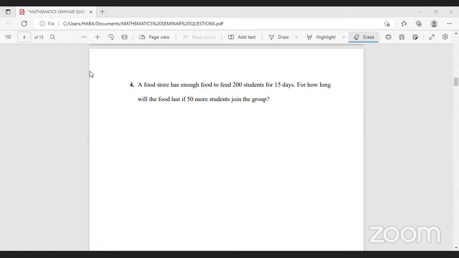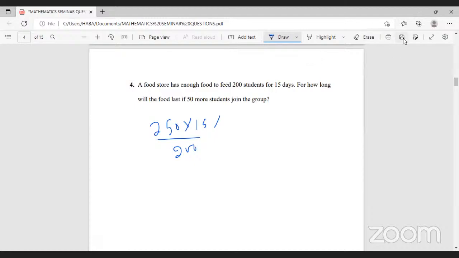So if we multiplied, what would be the answer? Because it would tell us whether we are right or whether we need to change the formula. So someone to multiply and divide for us, 250 times 15 divided by 200.